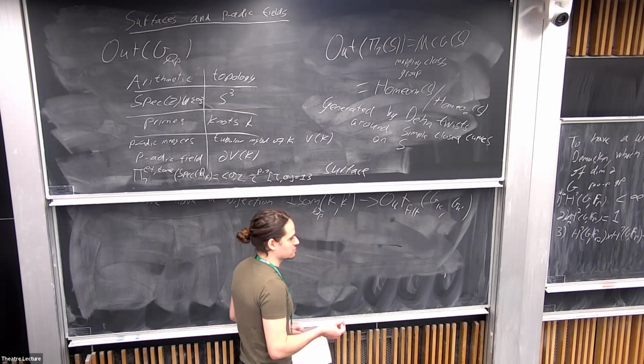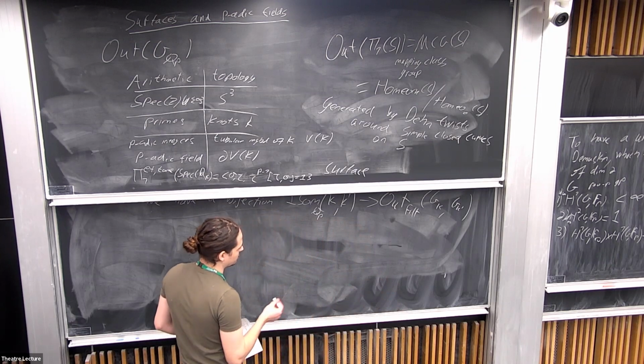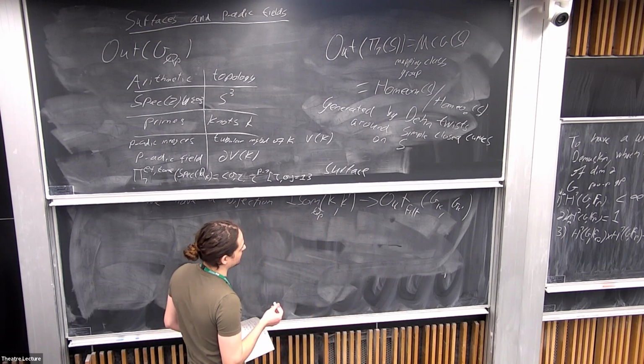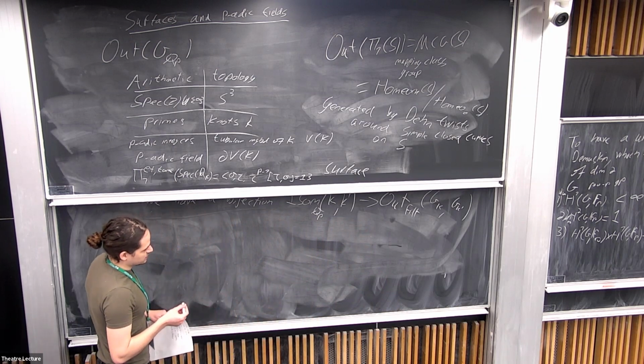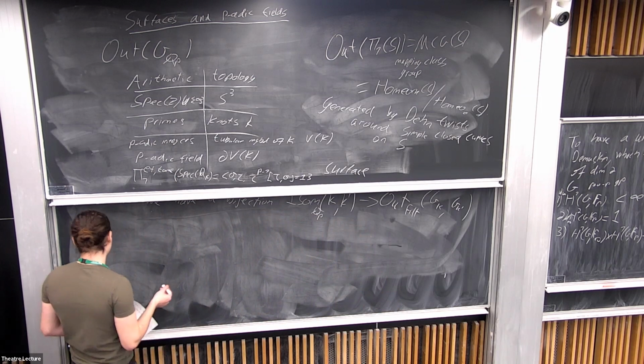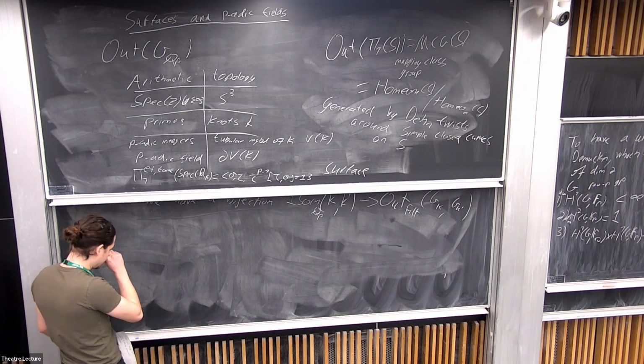So as the first step, I'm working with the mapping class group of a surface. They both have fairly similar structure. And what would be the structure?